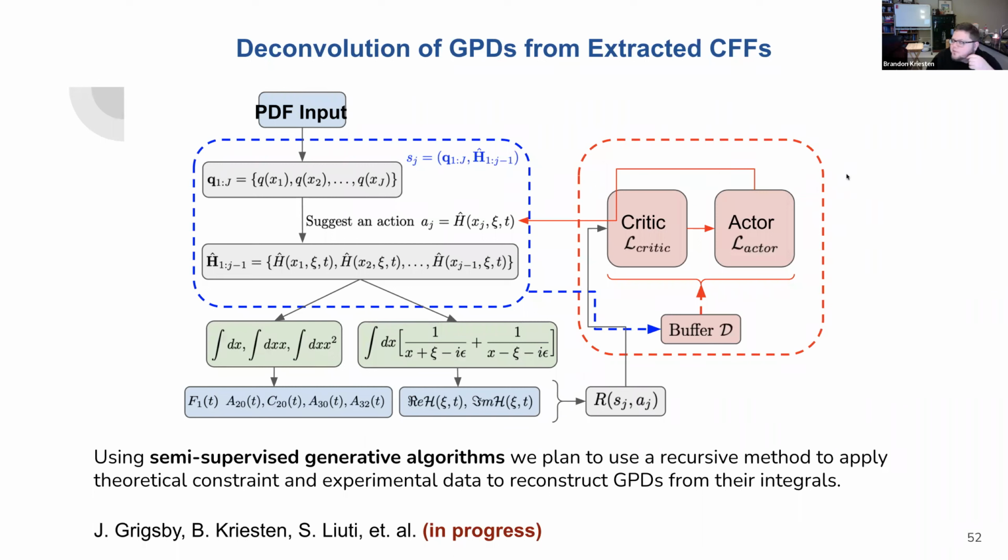This is very similar to the technology of natural language processing, in which machines learn how to construct sentences from sequences of words. This is still in the works, but it is something that we're looking at for solving these sorts of inverse problems.